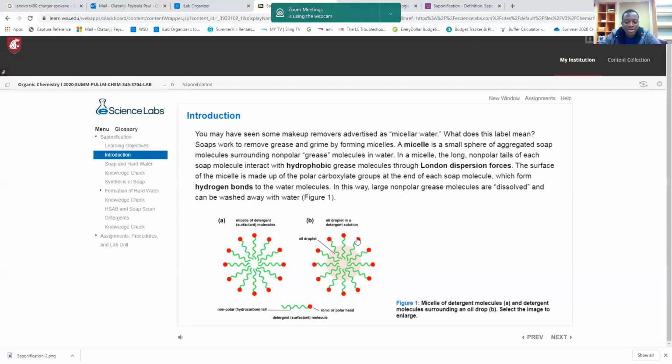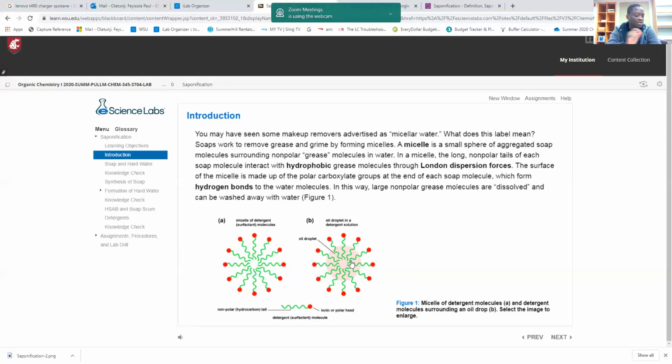As you can see, a lot of soap molecules are interacting with the oil droplet with the tail. And by so doing, they dissolve the oil droplet. However, the function of the very polar head is to interact with water. So that means that the head allows the entire aggregate to be soluble in water, while the tail interacts with the non-polar oil droplet such that eventually everything gets soluble in water.